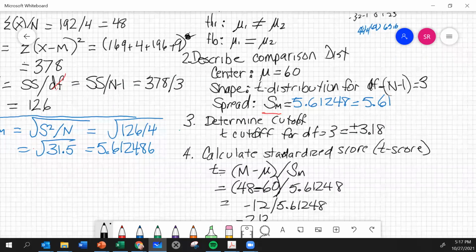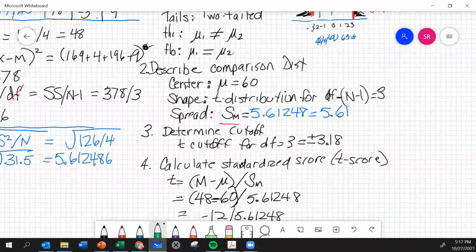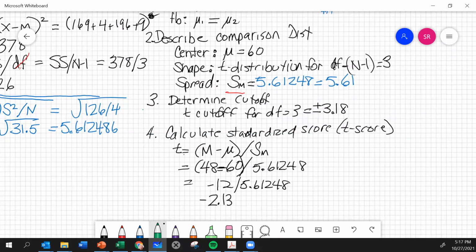And in this case, we would plot our sample score right on here. And let's do that in green. Our sample score is -2.13. And we ask ourselves our two questions. Is it within the shaded area? And is it to the extreme of the cutoff point? The cutoff point was 3.18.